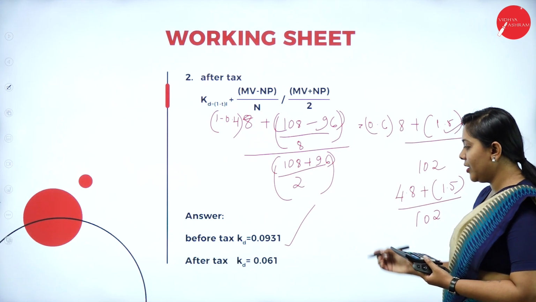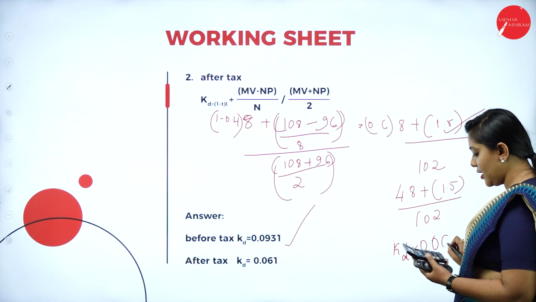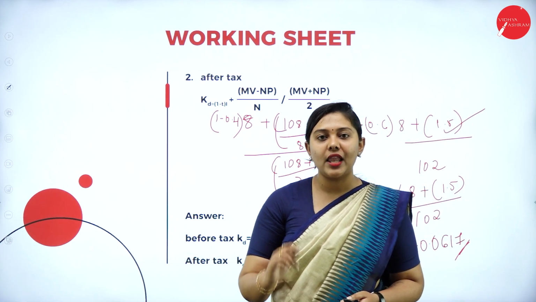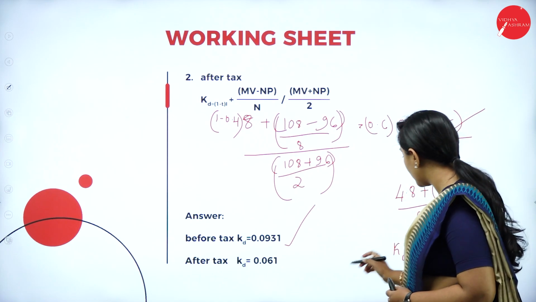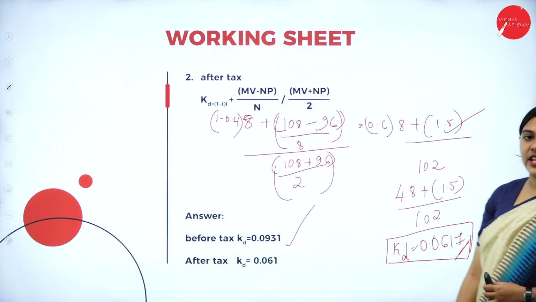The answer will be 0.0617. This is how we calculate the redeemable debt problem after tax.